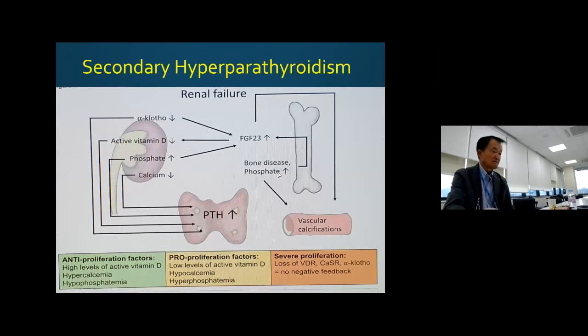So in renal failure, vitamin D is down, phosphate up, calcium down. That stimulates this growth factor, and then bone disease. So this is all a cycle, and then the parathyroid becomes hyperplastic, and then macronodular hyperplasia becomes adenoma.